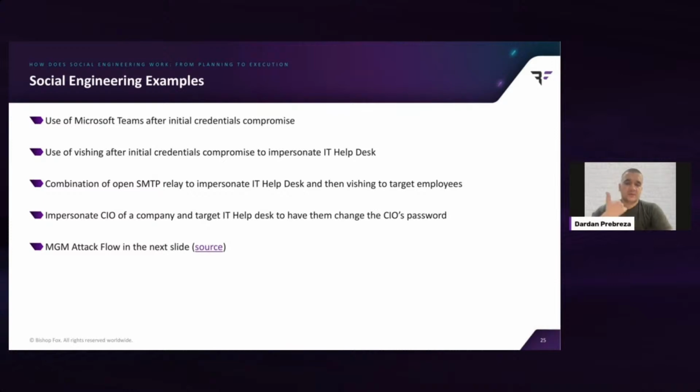We would call employees, telling them that the IT team is having issues performing some updates to the systems and that they would receive a link to download the latest update. While talking to the target on the phone, we would send the crafted email to them through the open SMTP relay.